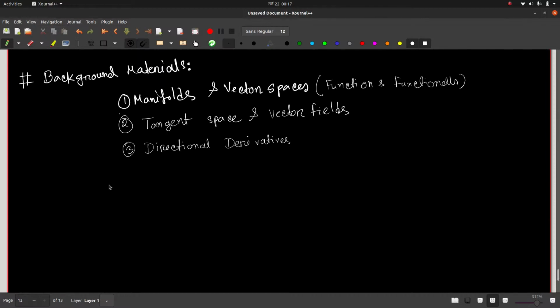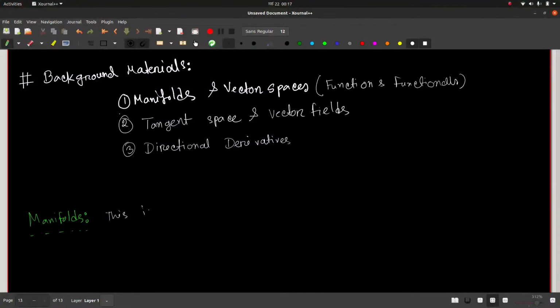So first we want to discuss manifolds. So what is a manifold? That's the first question. A very hand-waving or non-rigorous definition would be: a manifold is a space that locally looks Euclidean.